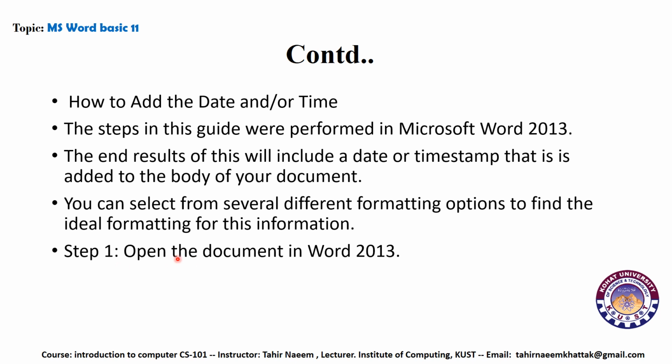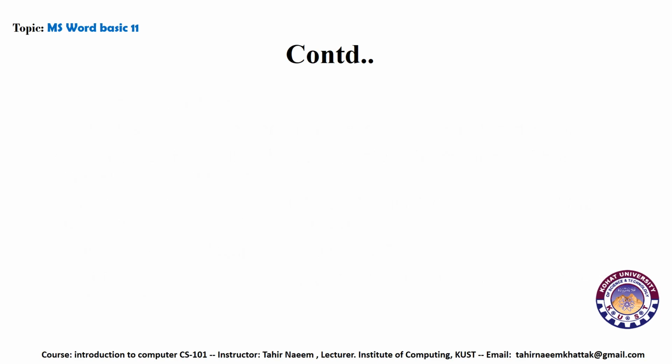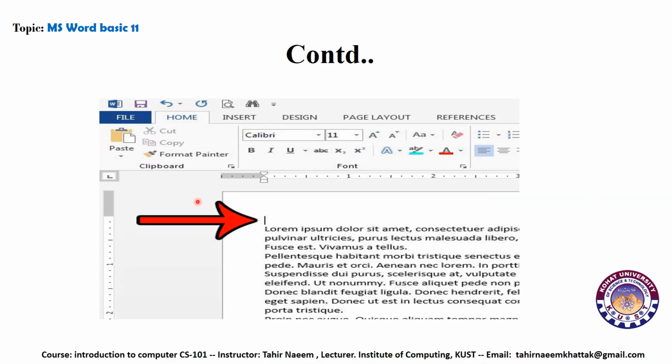First of all, we will open a Word document. Then we will position our mouse in the location where we want to insert the date and time. Here you can see that if you want to place a date here, we move our cursor here.